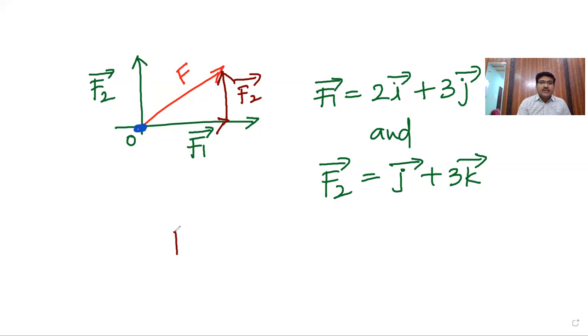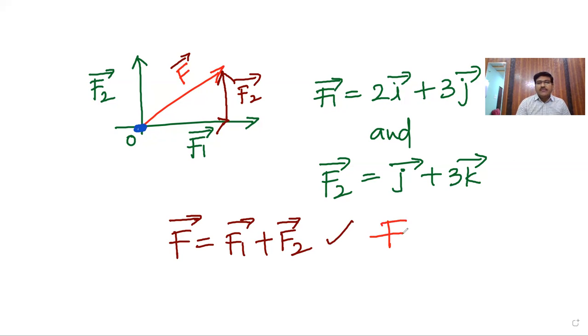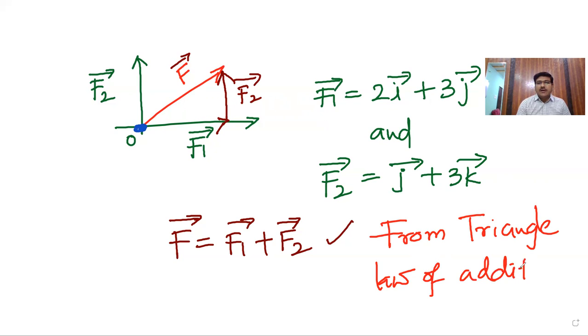So the resultant force F bar is F1 bar plus F2 bar. This is the simple fundamental equation from the triangle law of addition of vectors.